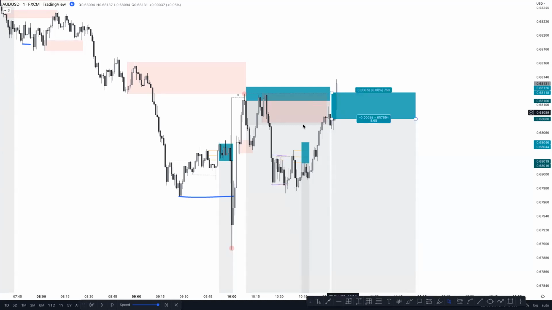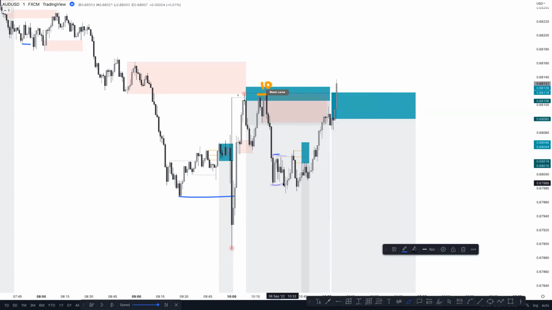Yes, you are right. This is a single candle, single move, sorry, because this high and this low is a protecting still. And this is an inducement. Perfect. Exactly. Yes.